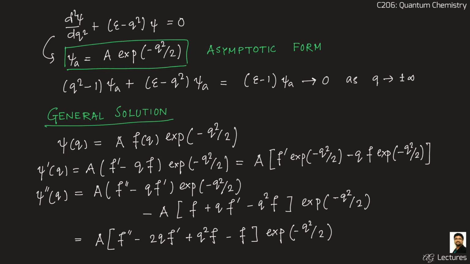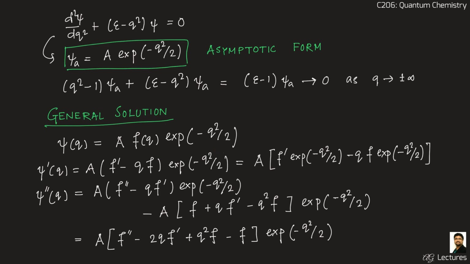So I have written down the first derivative of psi with respect to q and the second derivative of psi with respect to q, and we have got this particular expression for the double derivative which we need to plug into this equation over here, and the psi is just going to be replaced by this expression of psi here.